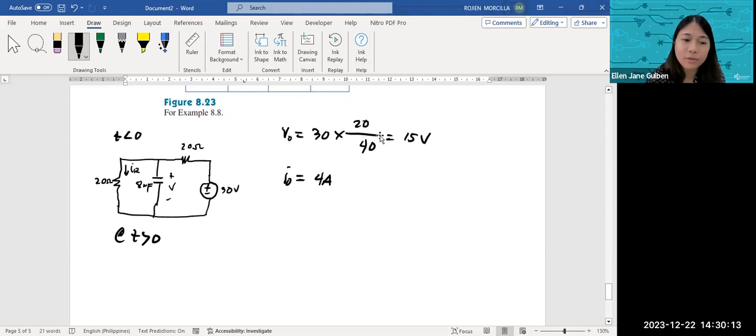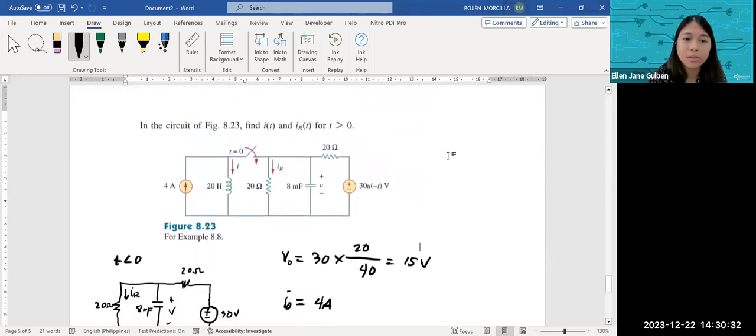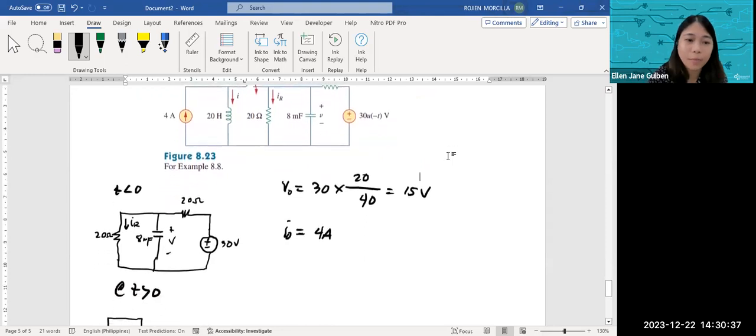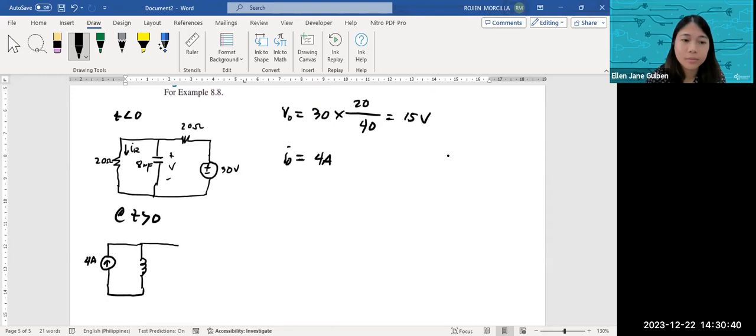So what we have left is the 4 amps with the inductor, and then we have the 20 ohm, capacitor, another 20 ohm.